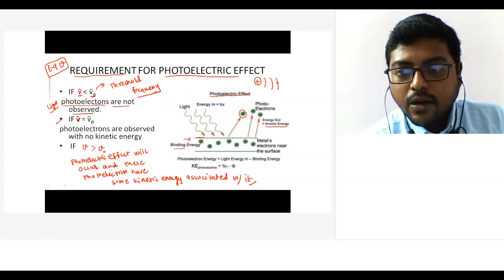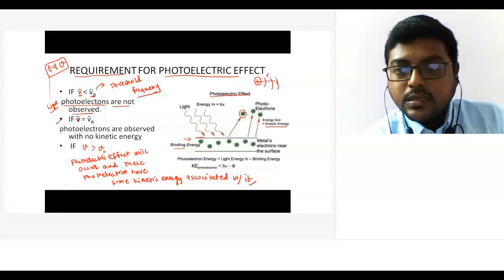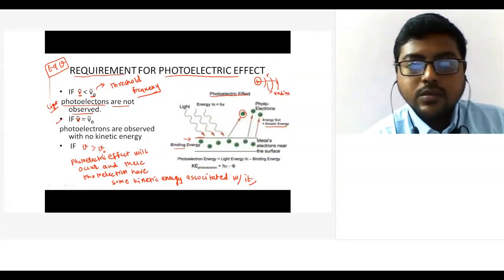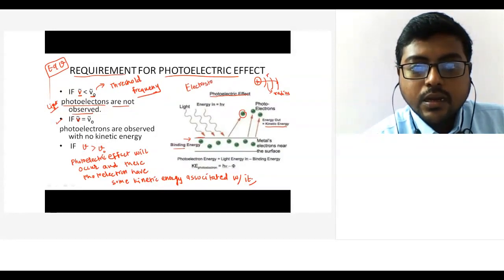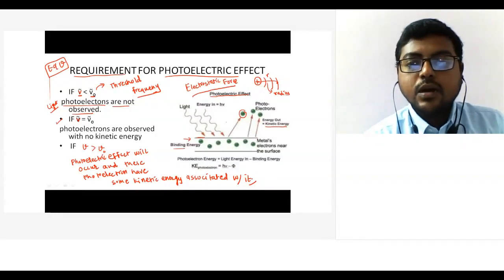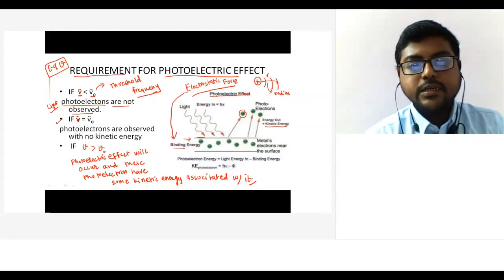When the electron and nucleus are at a distance r, this distance is called the radius, and there is a force. That force is called the electrostatic force. This force prevents the electrons from coming out, and it is responsible for the binding energy.